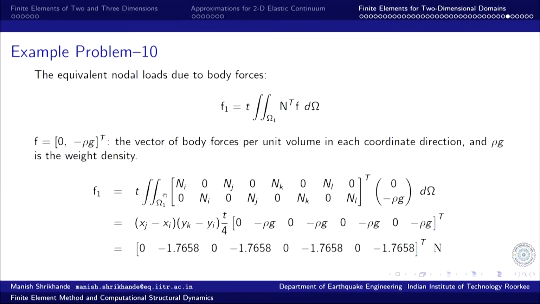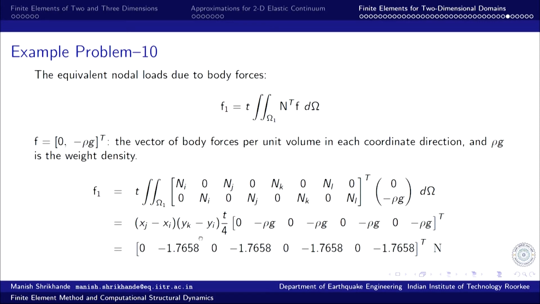So, this is the body force component along x and y direction, and when we multiply this with the weight function matrix, or the interpolation matrix, to represent the weight function multiplication in the domain integral, and then evaluate it over the domain x i to x j and y i to y k, we end up with these expressions that you can check in a straightforward manner.